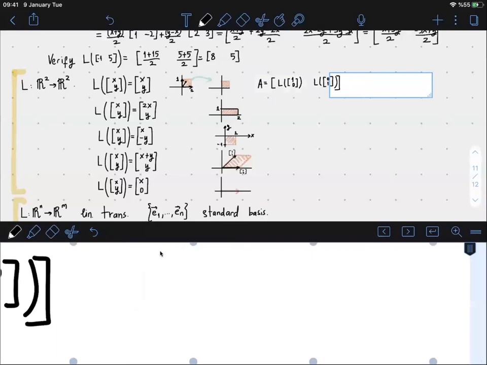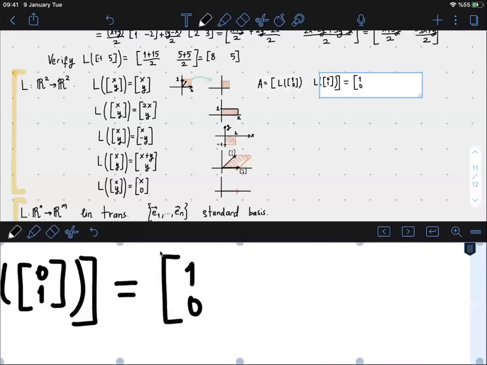L(1, 0) is 1 and 0, because L takes 1, 0 to 1, 0 for this example. And L takes 0, 1 to 0, 1. So this is basically the identity matrix. We show this by big I, right? So this linear transformation is really the identity transformation.